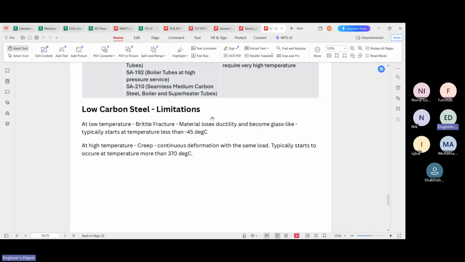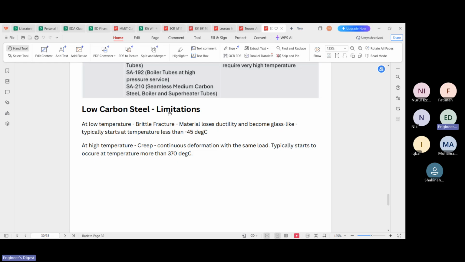So to answer your question, ductility is the ability of material to withstand the stress or pressure at the temperature. So ductility is good. The issue is this material loses its ductility and becomes brittle at a temperature of around minus 20 degrees for the same material, carbon steel. When you go to minus 20 or minus 40 degrees or lower, the carbon steel transitions from ductile to brittle.